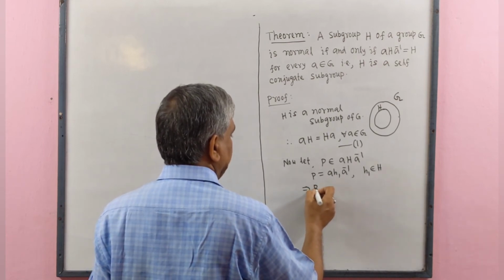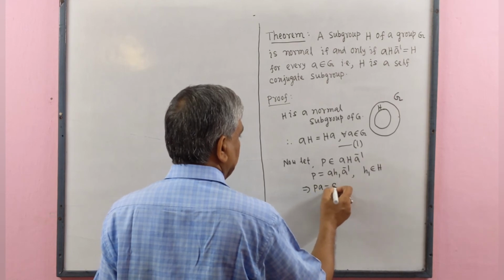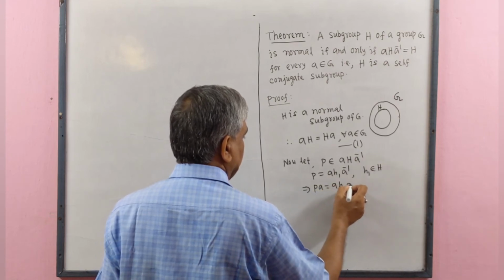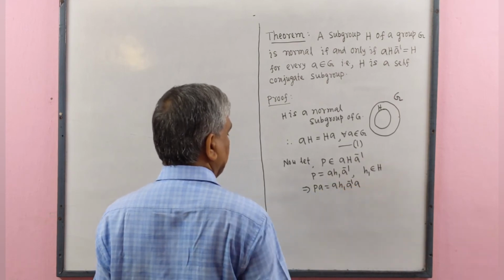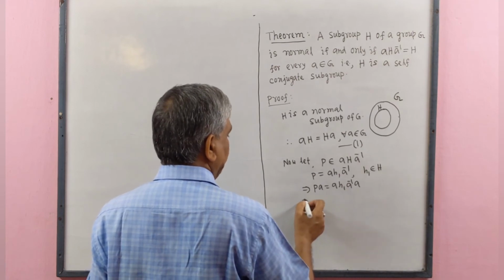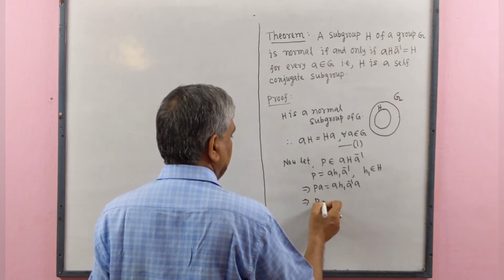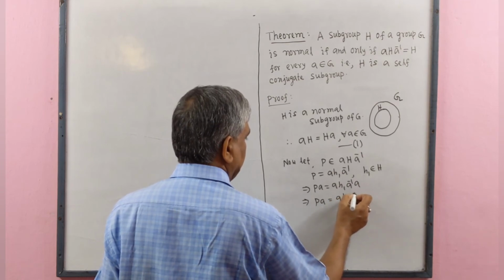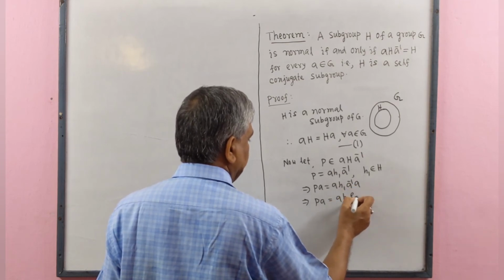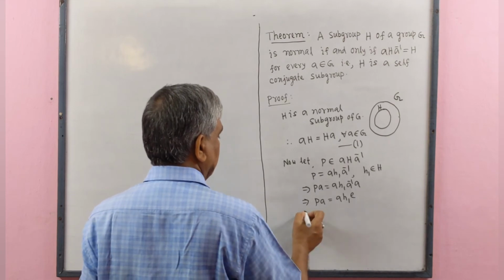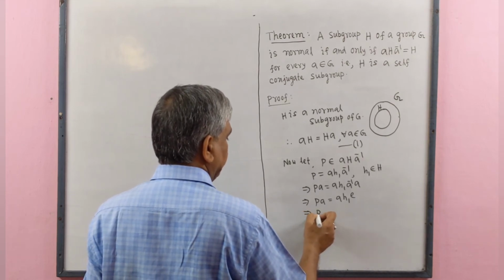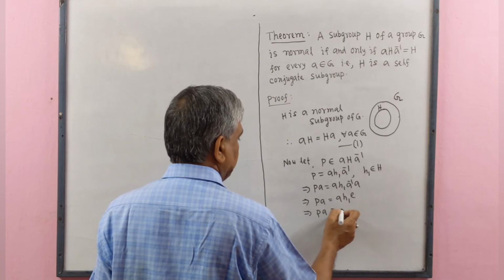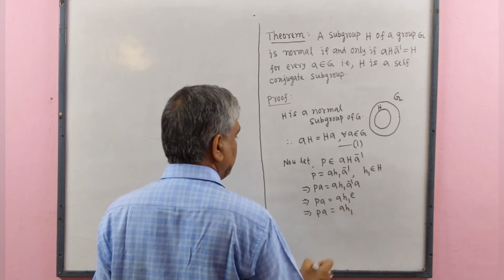Implies that pa equals a h1 a⁻¹ a, and a⁻¹a is the identity element. Implies that pa equals a h1.